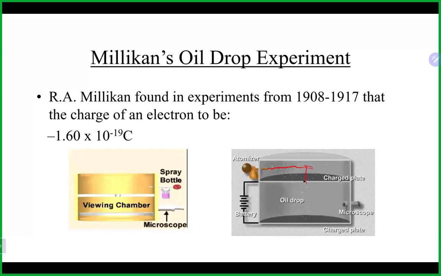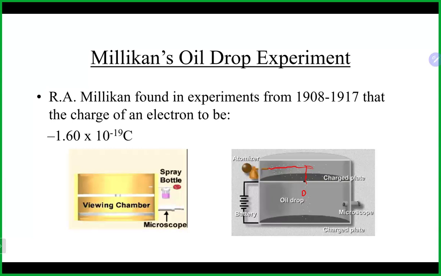The droplets would start to fall through the hole as they were atomized, and it would start to drop by the force of gravity. What he was able to do is adjust the electrical field in such a way that he was able to suspend the oil droplet in the air. It wouldn't fall, it wouldn't go up, it wouldn't go down.